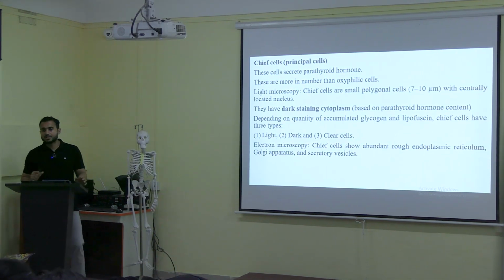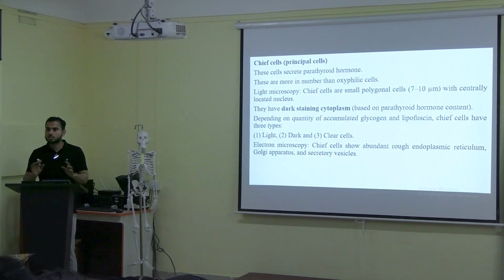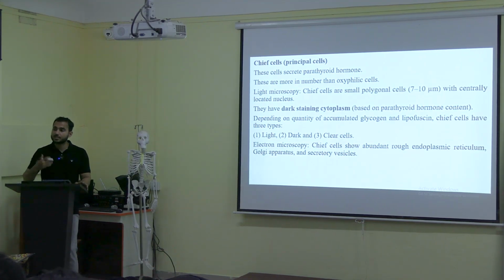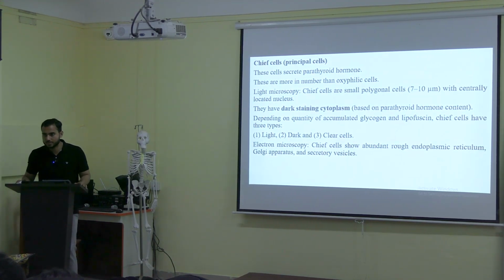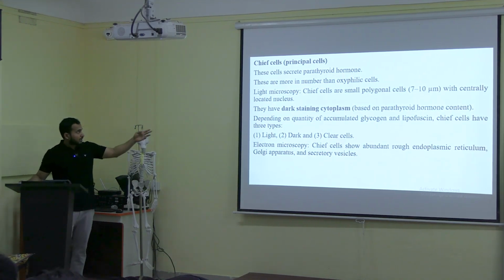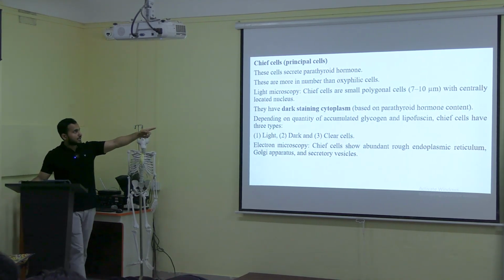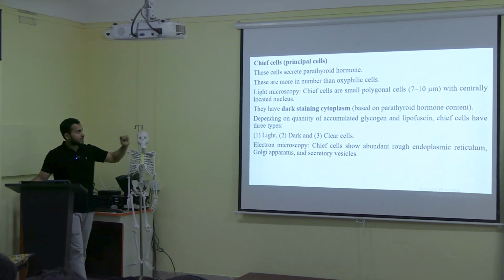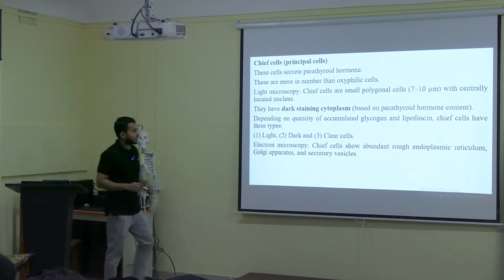Chief cells are also called the principal cells. They are the most numerous cells, meaning the number of chief cells is more as compared to the oxyphil cells. The shape is polygonal, with a centrally located nucleus and dark staining cytoplasm. Please remember this particular point.